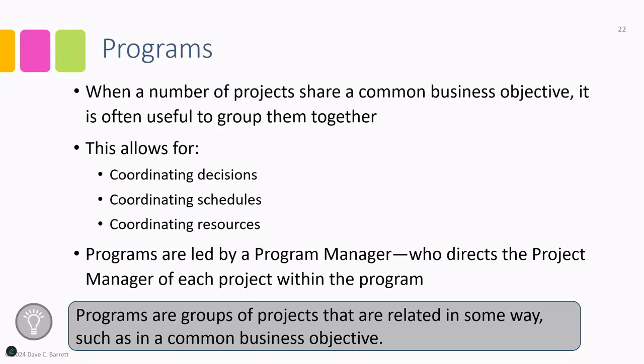Programs are led by a program manager. You can think of a program manager as sometimes a senior or super project manager, because they direct the project manager of each project within the program. They have the oversight of the entire program, which consists of many sub projects within it. So that's the concept of a program.